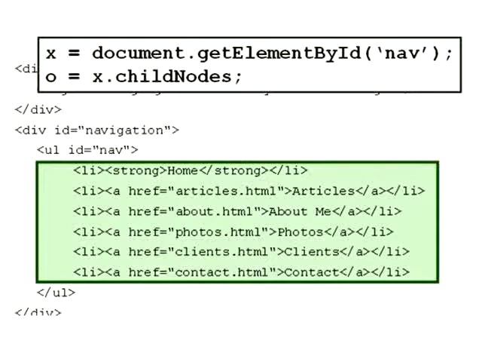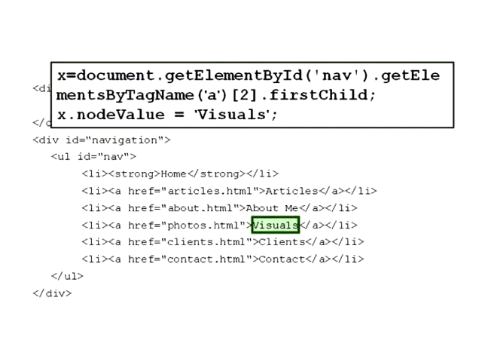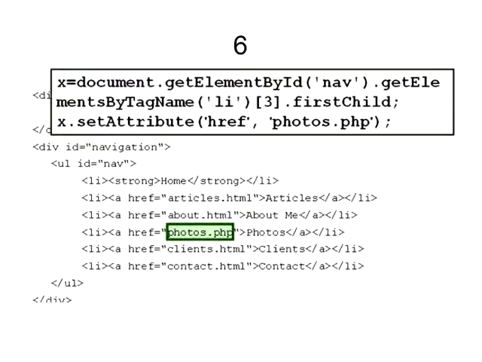So if our element is X, this is our element, and all LI represent child nodes. We can use firstChild. We can modify the value of a node. We can also modify an attribute of an element.